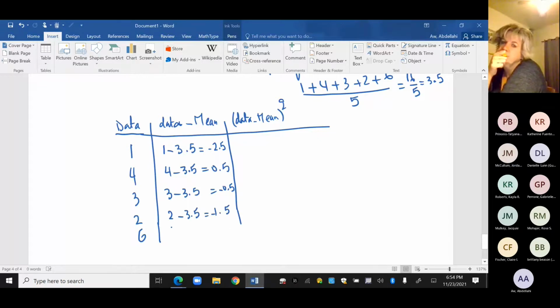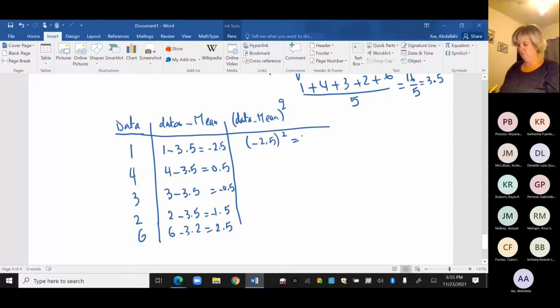And 6 minus 3.5 is 2.5. Now I'm going to square these numbers. Negative 2.5 squared, how much is that? 6.25, right? It's going to be positive anyway because you square everything.